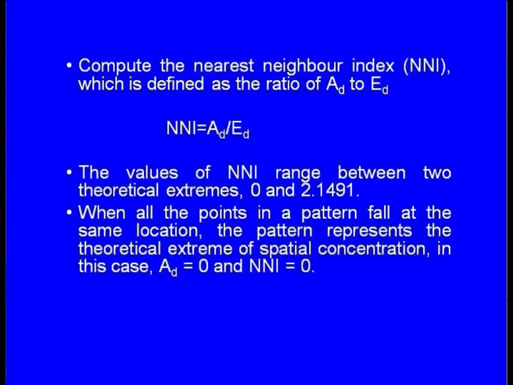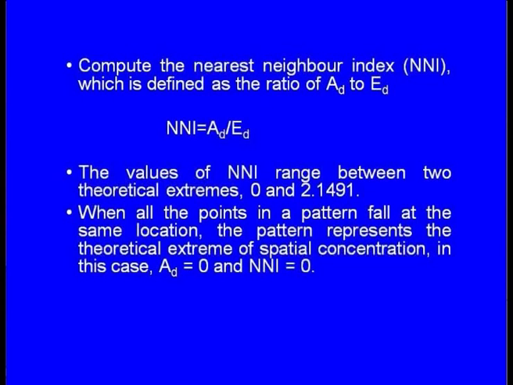Now, compute the nearest neighborhood index, in short NNI, which is defined as the ratio of AD to ED. The values of NNI range between two theoretical extremes, that is 0 and 2.1491.